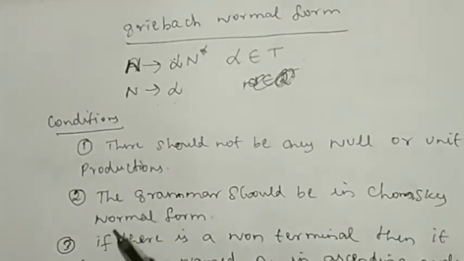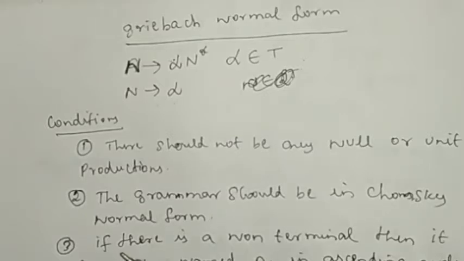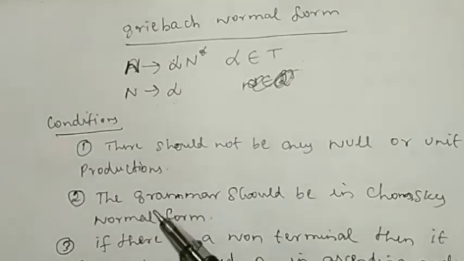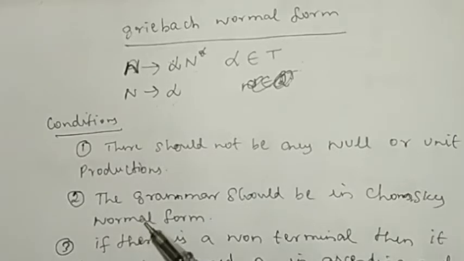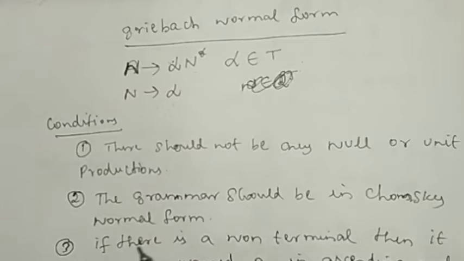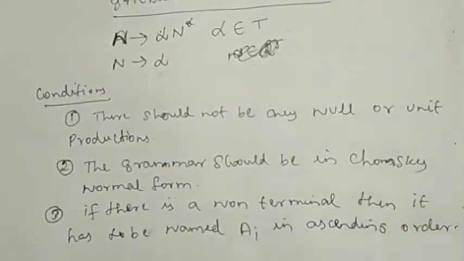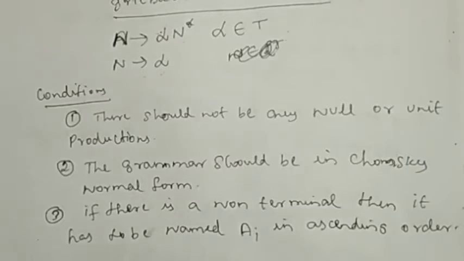There are only two forms permitted. N tends to alpha N star, that means a terminal followed by a set of non-terminals. Or otherwise, you can have only one terminal on the right side. And the set of preconditions is that there should not be any null or unit productions.